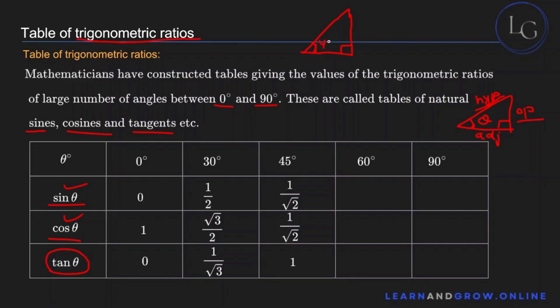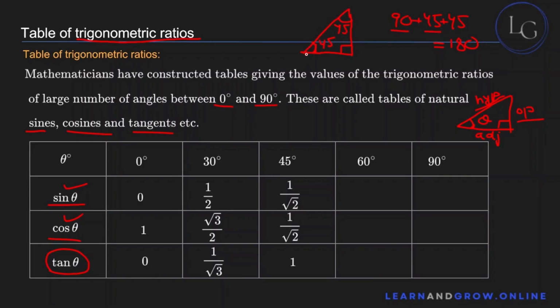If this angle is 45, this angle will also be 45 degrees, because the total angle inside the triangle must equal 180 degrees. So we already know the two angles, 90 and 45, so the third angle must be 45 for all of this to equal 180 degrees. So this is an isosceles triangle since two angles are the same.